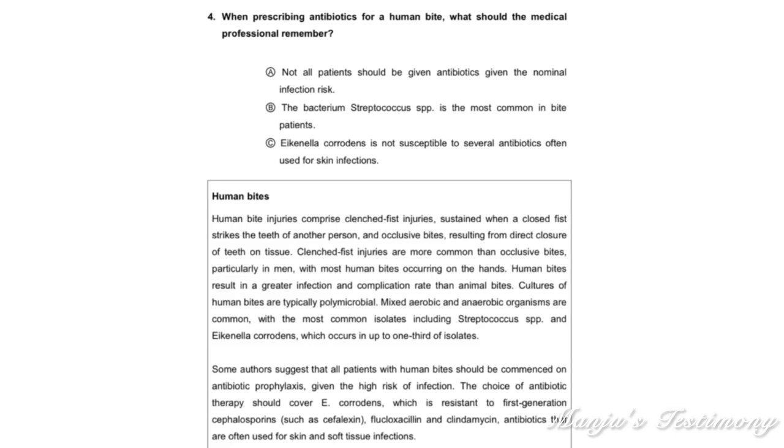Some authors suggest that the patients with human bites. So you just have to notice 'some authors suggest that'. These types of phrases, some authors, some scientists, the writer, you can see sometimes in part B and most of the time in part C. So this is a confusing part of the question.